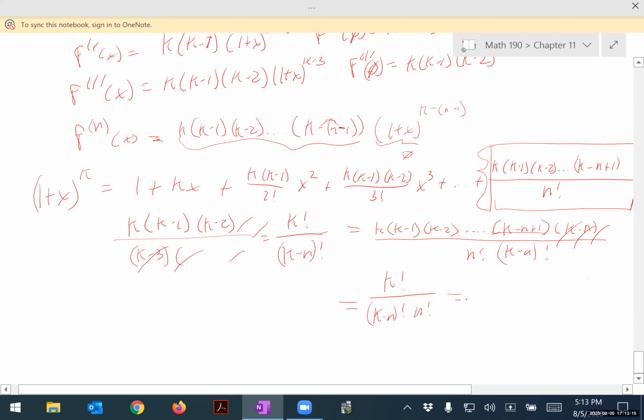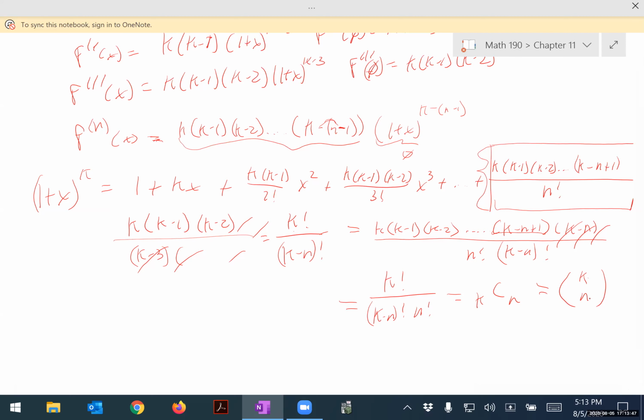And this is, out of k items, choose n of them. Or we sometimes write it like this. Out of k items, choose n. And that's going to give us our coefficients for these values.